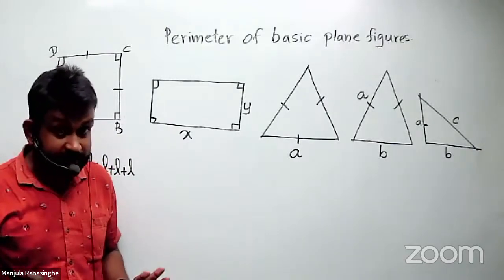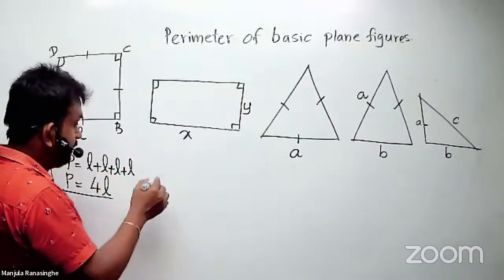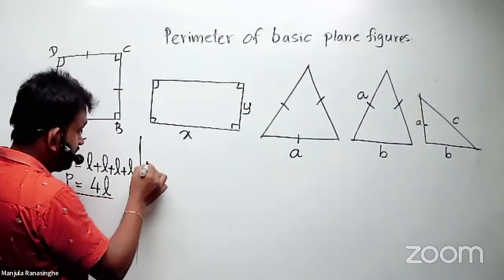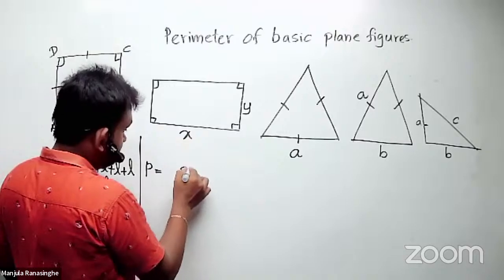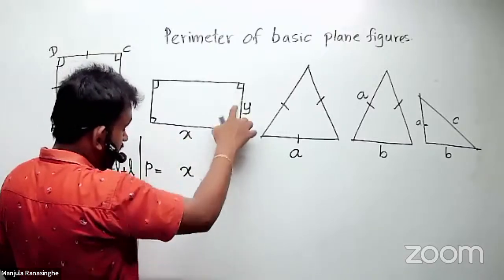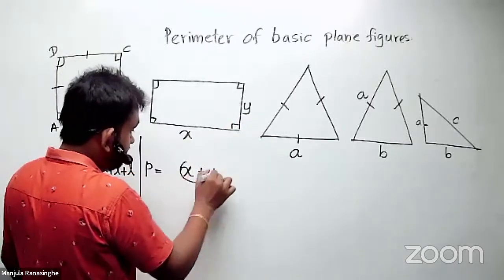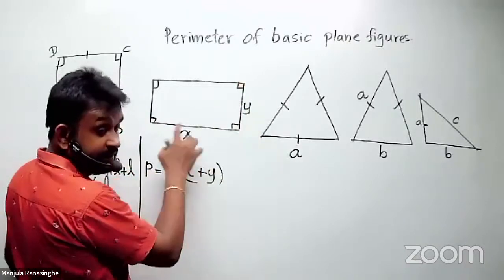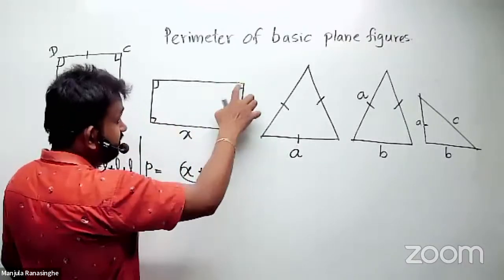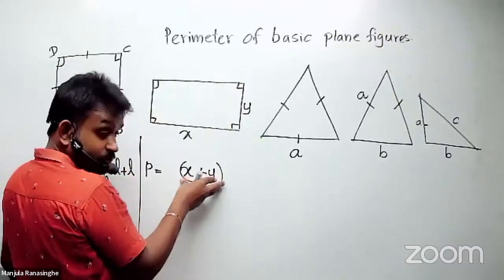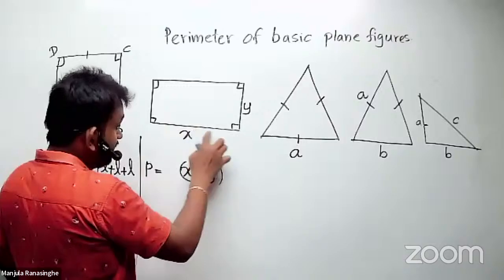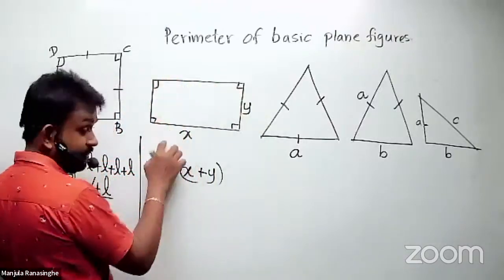Fine. Understand that concept. Here the perimeter is given by, with side length X and breadth Y, you can add X and Y, and the sum of these two sides is given. Similarly, we have the other two sides. So X plus Y, and here also X plus Y, two times.